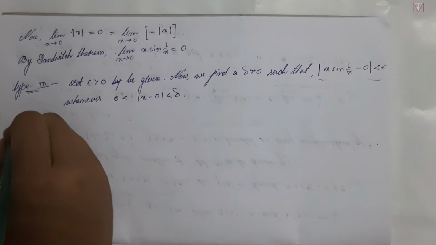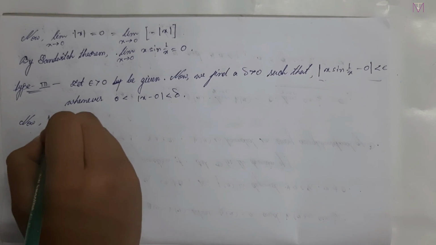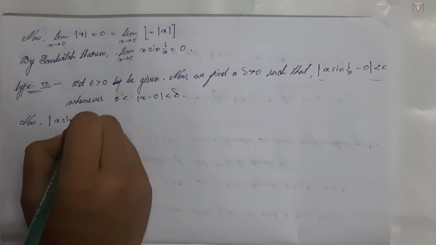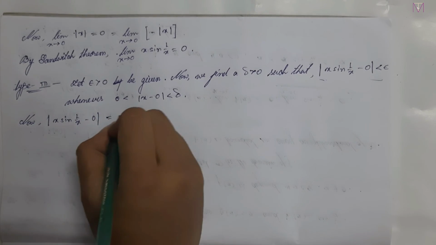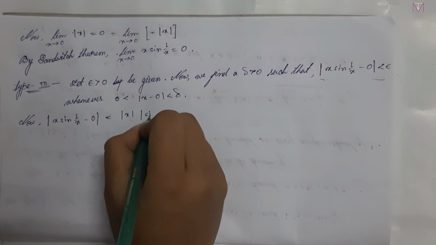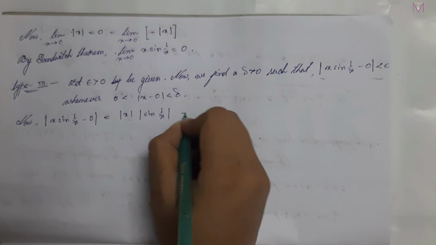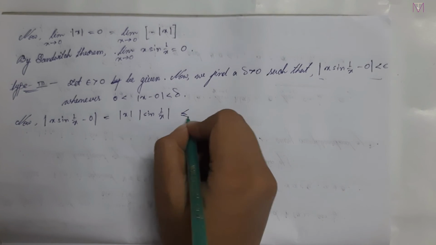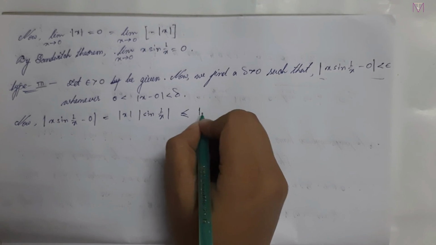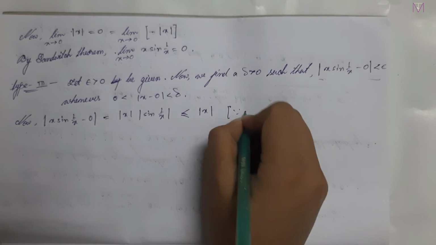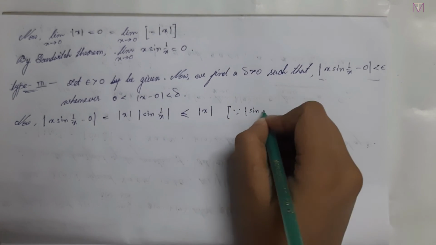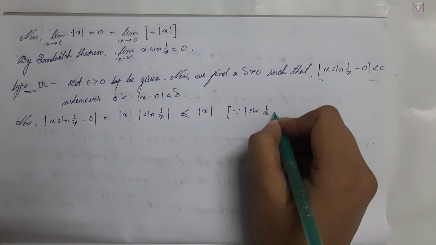Now we have to evaluate this one. Mod of x sin 1 by x, so we can easily say that it is less or equal to mod x, since we know that mod of sin theta is less or equal to 1.